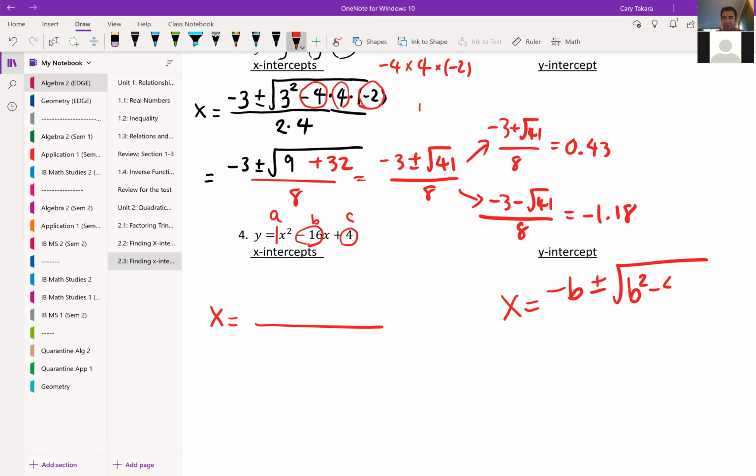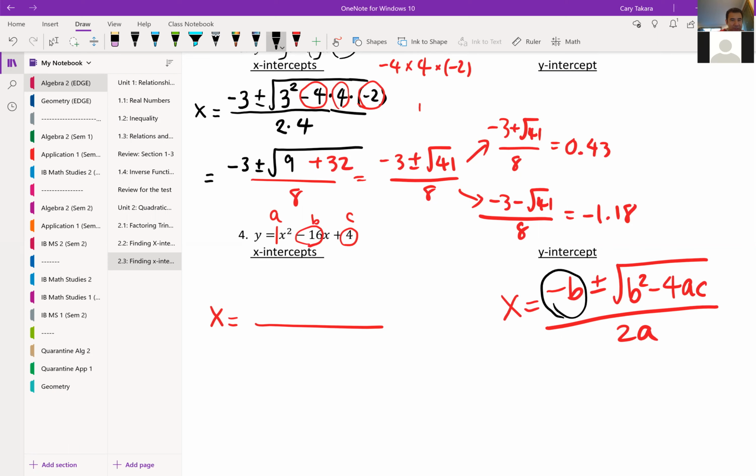So this is the quadratic formula. Okay, so let's apply that. The first entry is the opposite of B. Negative means the opposite sign of B.